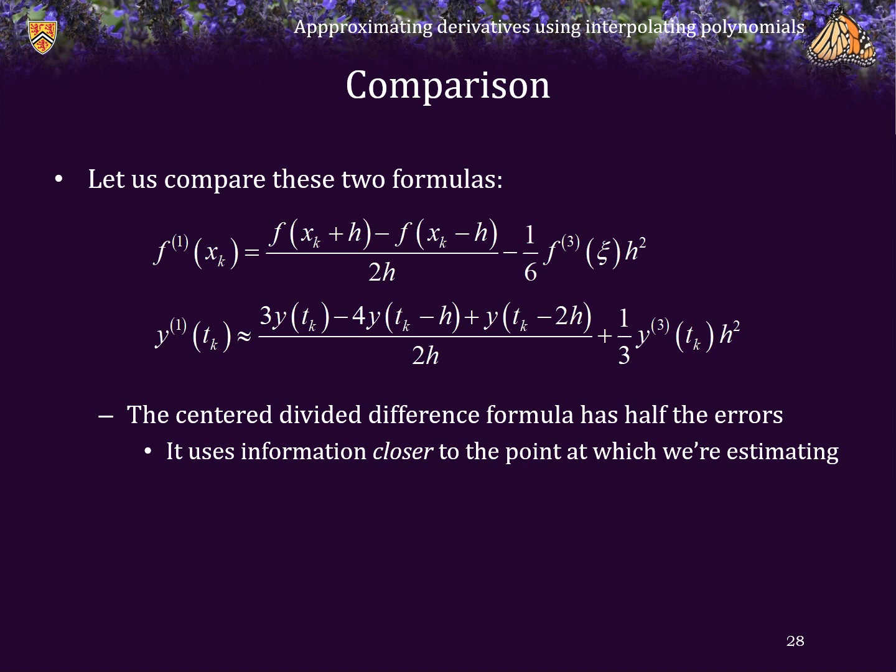In the second, we are assuming that we are periodically sampling a signal in time, and we are at the most recent time, and therefore we only have historic data to access. In this case, we need the backwards divided difference formula, which has a larger error. However, both of these are definitely better than the order h approximations.